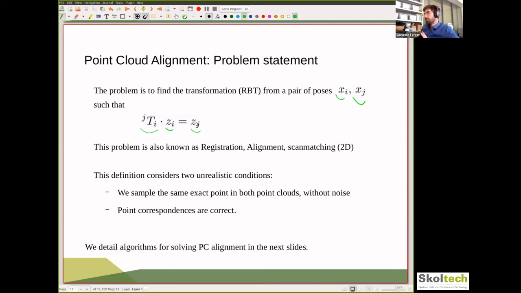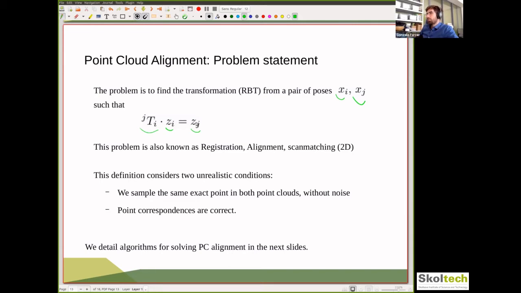Broadly speaking, this is also called a registration problem or alignment problem. So what you are trying to do is find this transformation that makes the two point clouds coincident in the same frame of reference.